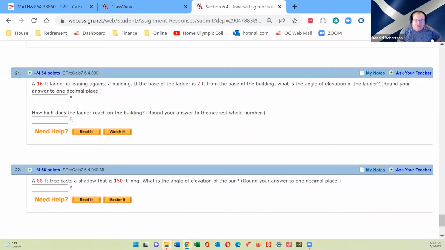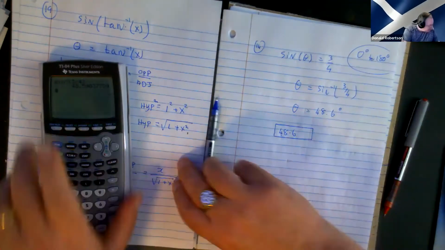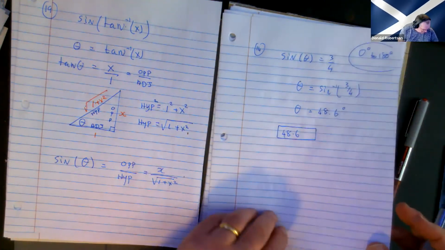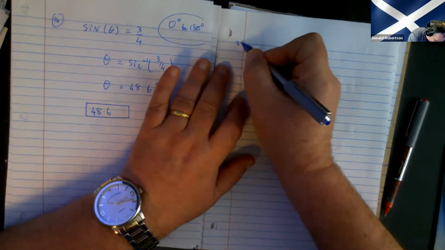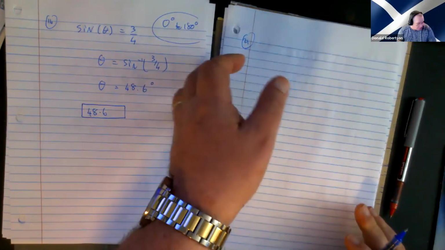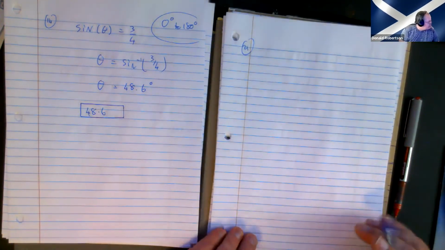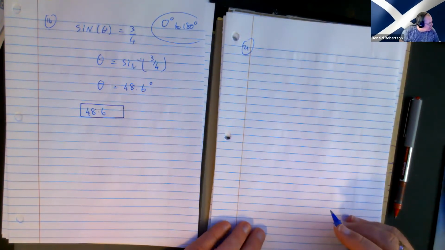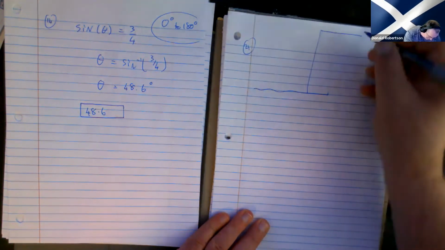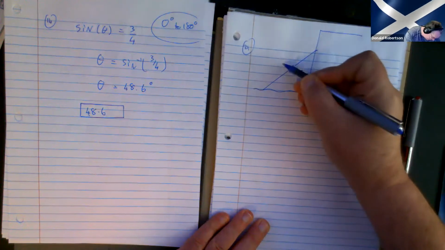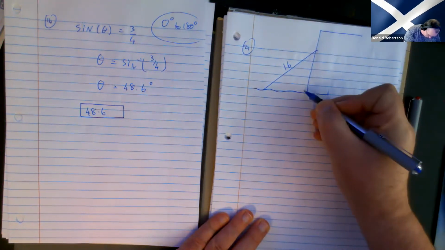So to finish off this section, I want to do the two application questions, or at least versions of them. And then we can move on to our second and final section from this week. So in question 21, you've got a little puzzle and a 16-foot ladder is leaning against a building. So there's the ground, there's the building, that's 16 foot.